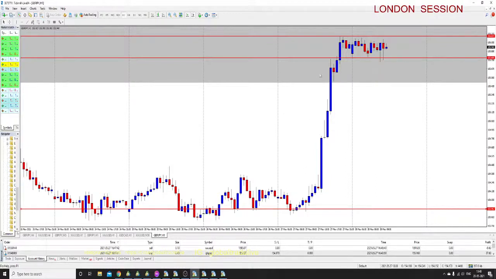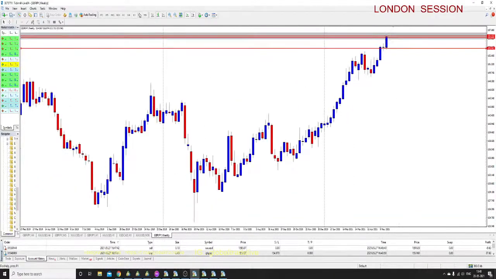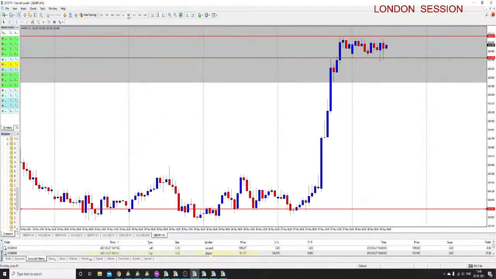Yesterday's move up was an initiative for the wick fill in the weekly time frame, and now we are about to fill the wick in the daily time frame also. So what I'm thinking is GBP JPY can possibly break above the 156.077 area, and then it can start to move up again. So that will be the idea.